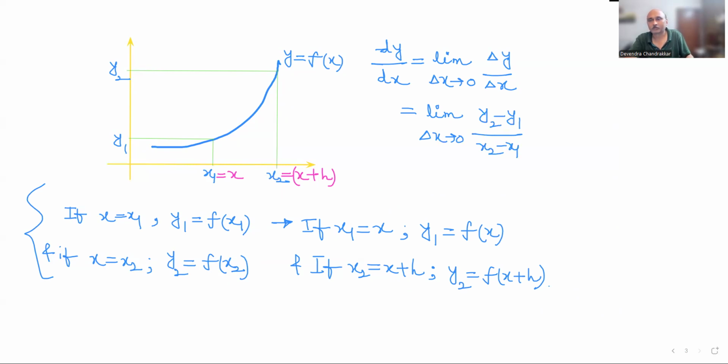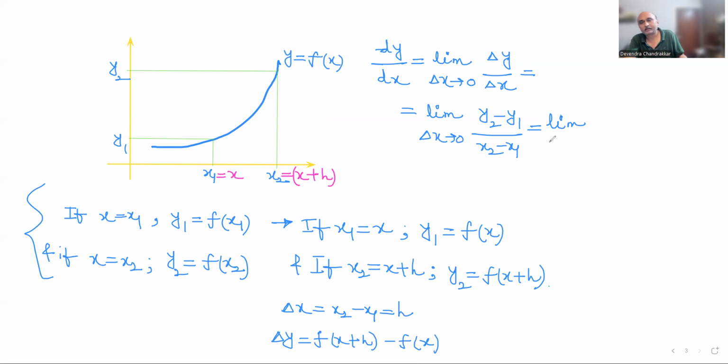Understood? What is delta x? Delta x is x2 minus x1, which is h. And what is delta y? It's f of x plus h minus f of x. So it is limit h tends to 0, f of x plus h minus f of x upon h.